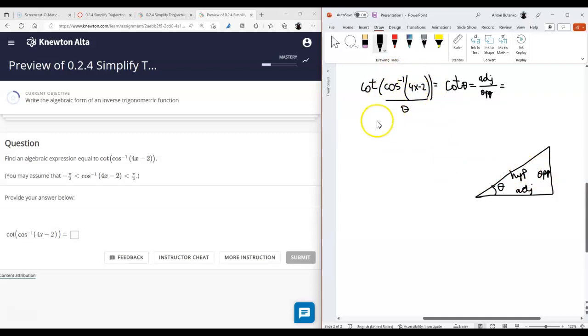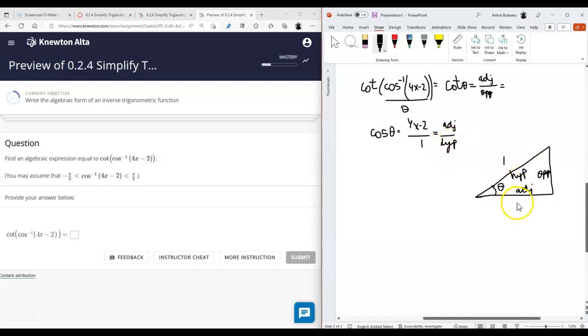And now how do I know that triangle exists? I can use the fact that theta is equal to cosine inverse, or in other words, cosine of theta is equal to 4x minus 2. Now I make a fraction out of it, and I use the fact that cosine is adjacent over hypotenuse to label this triangle.